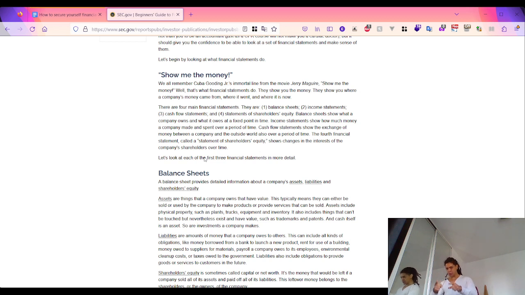So looking at the operating activities, what it does is look at the net income from the income statement, analyze that, and reconcile it with the total amount of cash that was used or received from operating activities.